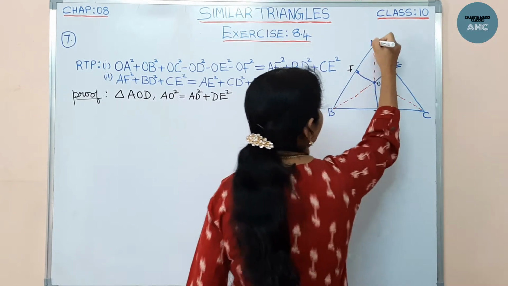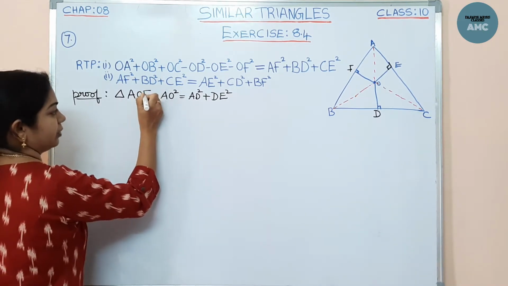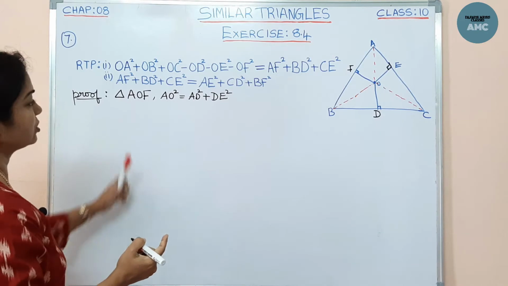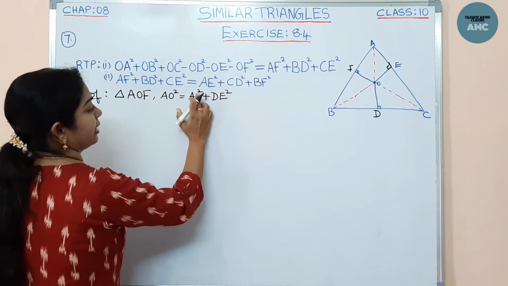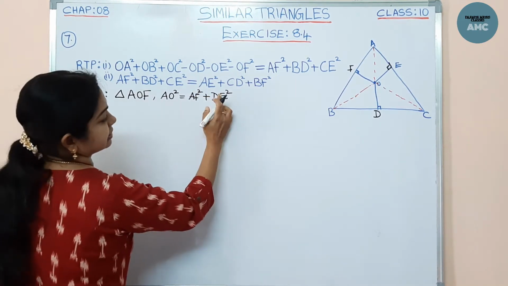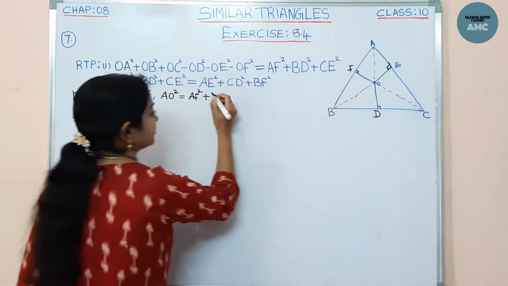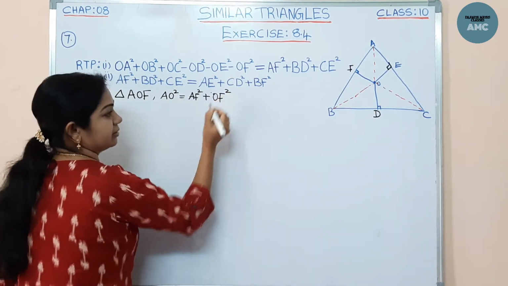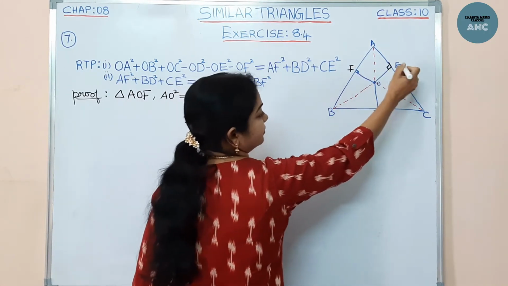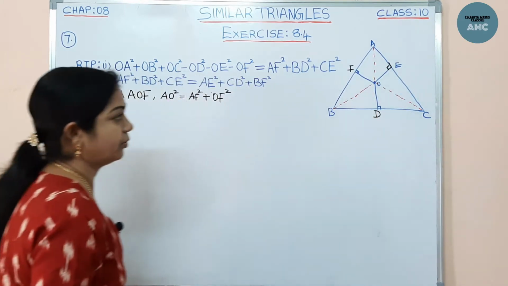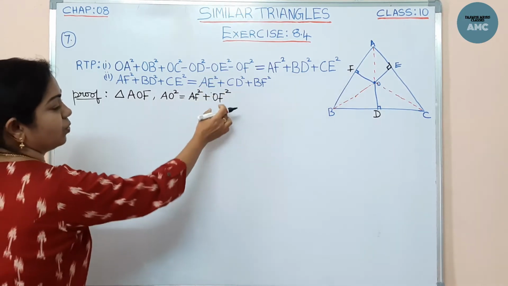So if this is F, I have to take triangle AOF. In triangle AOF, AO square, the hypotenuse square, is equal to AF square plus OF square.